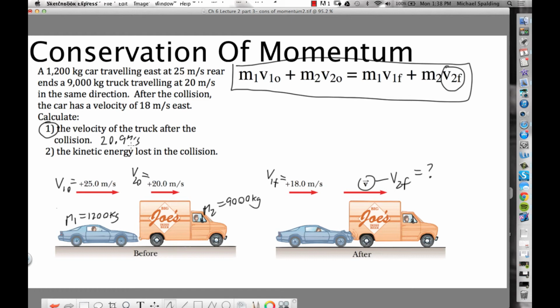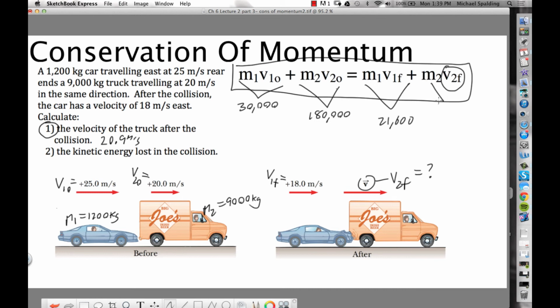If you didn't get it right, it's simply algebra. You'd probably like to do it this way. M1 V1 initial is 1,200 times 25, which is 30,000. M2 V2 initial is 9,000 times 20, which is 180,000. M1 V1 final is 18 times 1,200, which is 21,600.